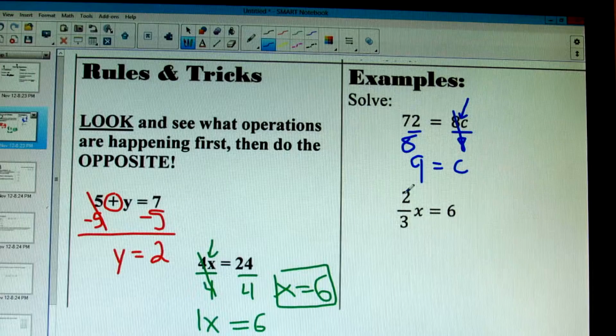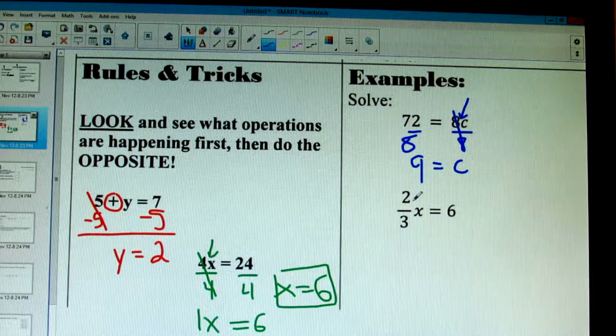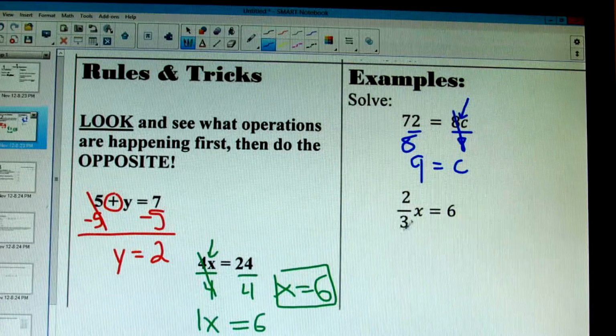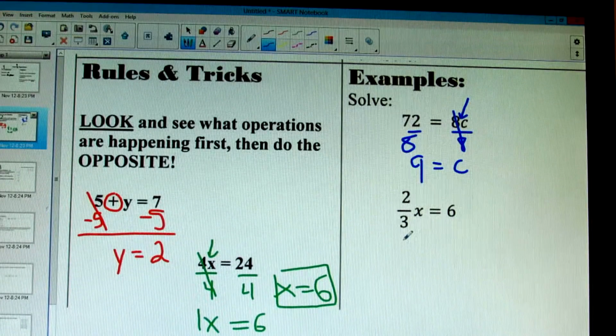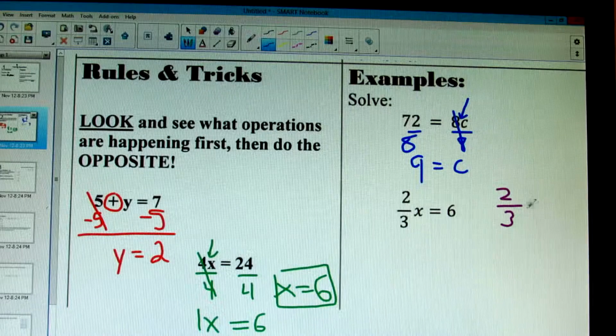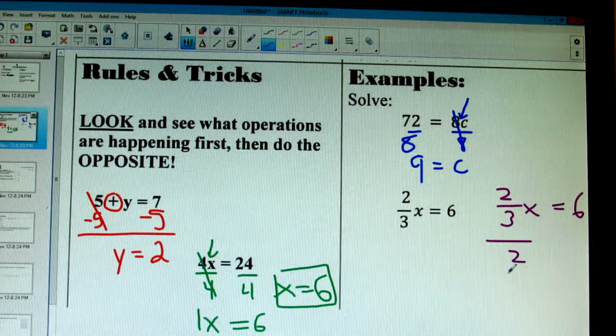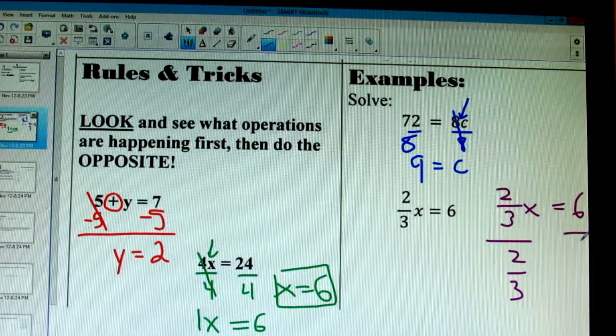All right, here's where the rational number situation comes in. I have the rational number 2/3 times x equals 6. I can do the same thing I was doing here, undoing my timesing by dividing. So I can divide both sides by 2/3. What might be easier, and I'll do it both ways for you. Here's 2/3 x equals 6. So I can divide by 2/3, but look at how messy this looks.